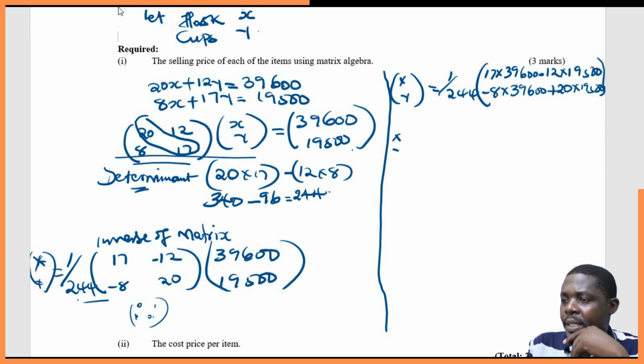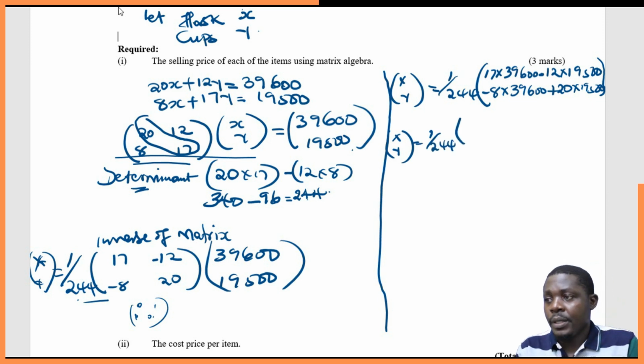Then x, y is equal to 1 over 244 into, and let's try to calculate that.